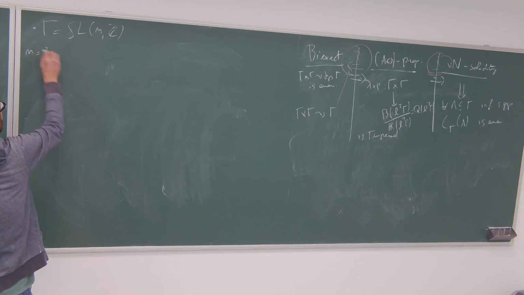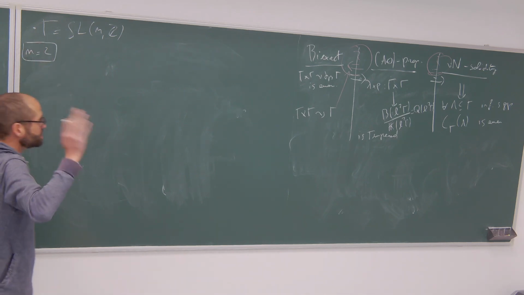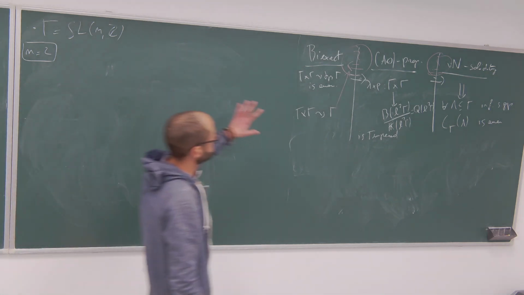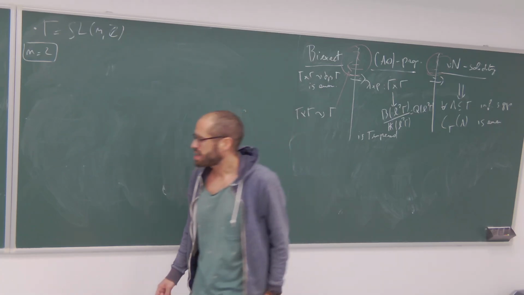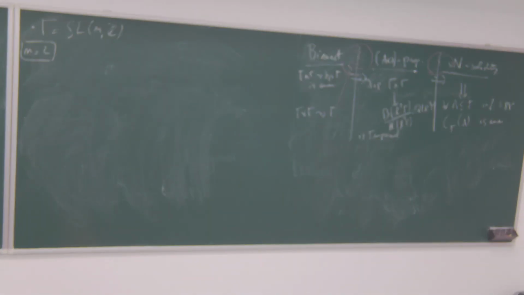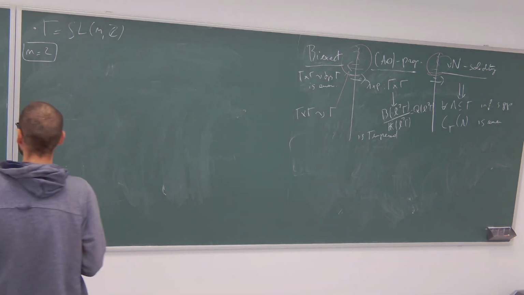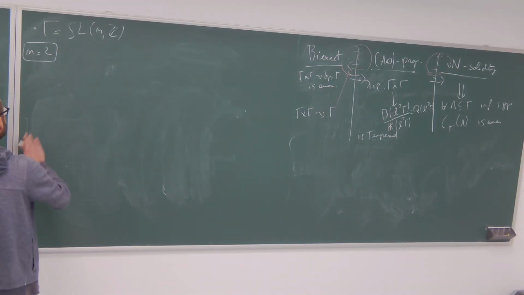For n equal to 2, one could say this is hyperbolic, and so we already know the result that this is bi-exact. But I want to give an alternative proof of bi-exactness, because this will be useful for what I'm going to say.